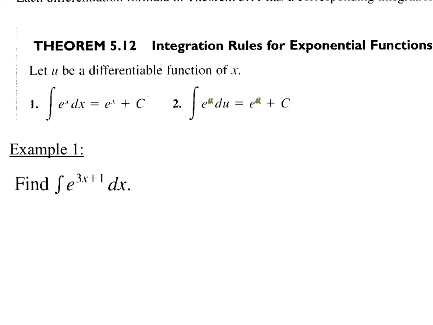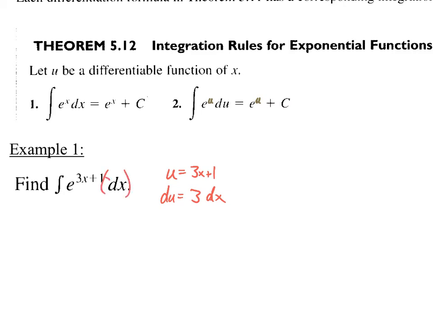All right, so if I want to find the integral of e to the 3x plus 1 dx, what is u in this case? 3x plus 1. And du is 3 dx, right? So, I see a dx.